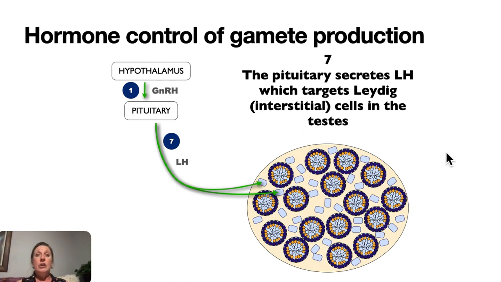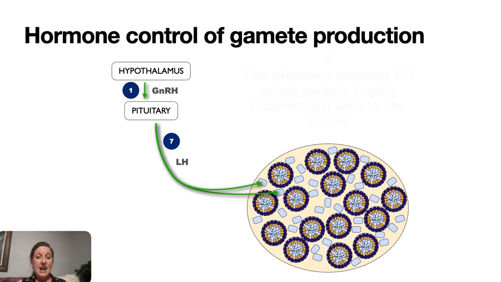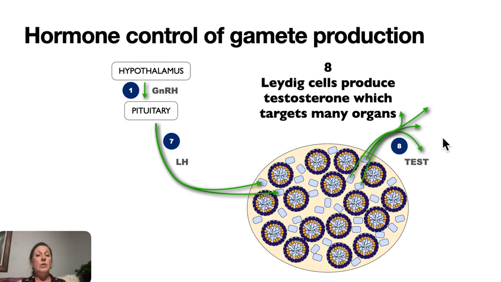Now, when luteinizing hormone arrives there, then these interstitial or Leydig cells produce testosterone. So testosterone production and sperm production are separate, and this is kind of important because you don't want your testosterone levels to change every time you ejaculate, or don't. So they have to be regulated separately so that testosterone can be kept at a more even concentration.